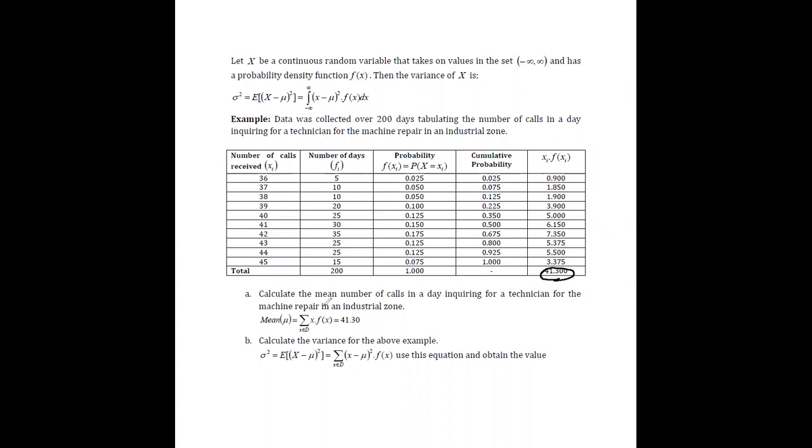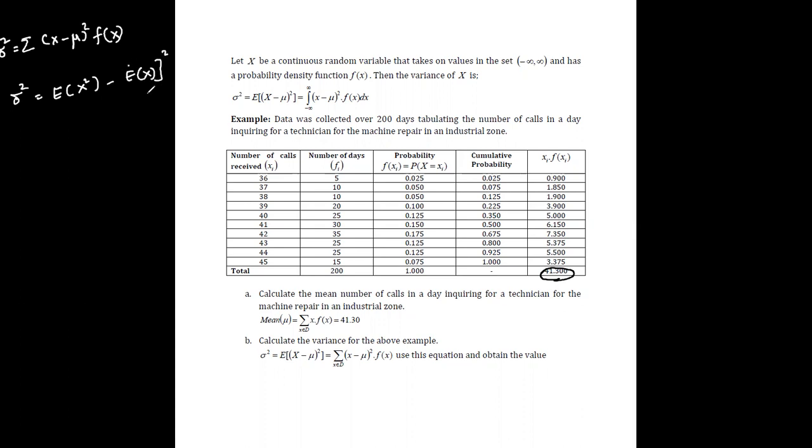Likewise, we can obtain the mean value, and you can obtain the variance for this example. To obtain the variance, we can use an equation other than the sum of (x minus mu) squared f(x). Rather than using that equation for sigma squared, it is better to use E(X squared) minus E(X) to the power 2.